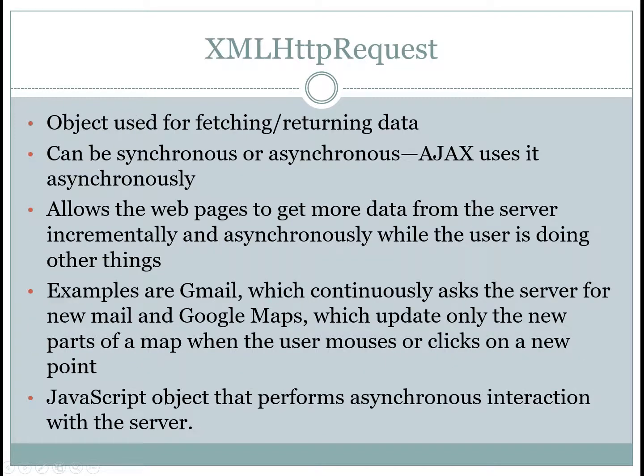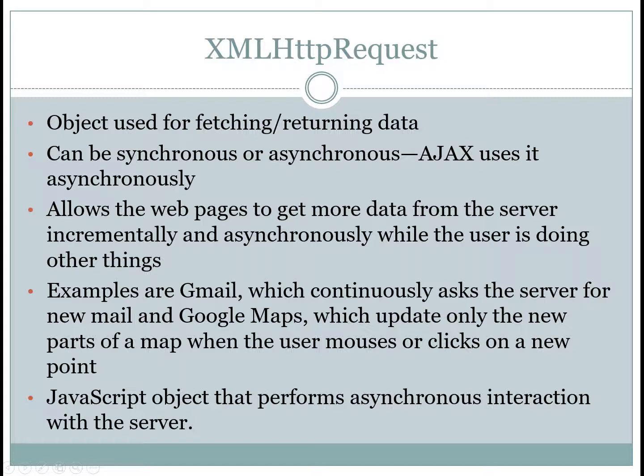Now, let's take XMLHttpRequest. It's an object used for fetching and returning data. It can be synchronous or asynchronous. AJAX uses it asynchronously. It allows web pages to get more data from the server incrementally and asynchronously while the user is doing other things.